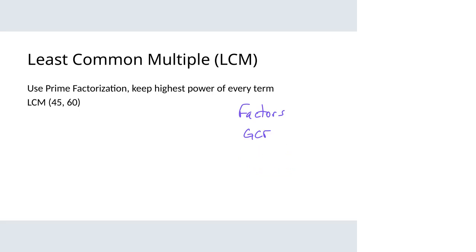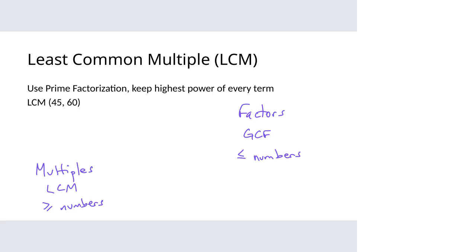Factors, when we look for the greatest common factor, we're going to find something that's less than or equal to the numbers we've been given. In contrast to that, multiples, when we're looking for the least common multiple, it's going to have to be greater than or equal to the numbers we've been given. And at some level, that should make sense, okay?